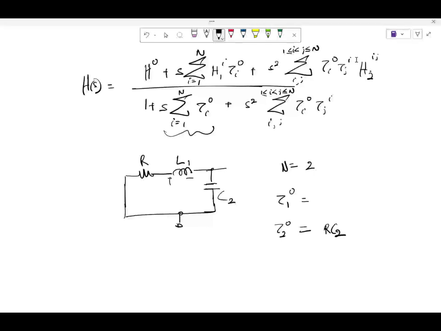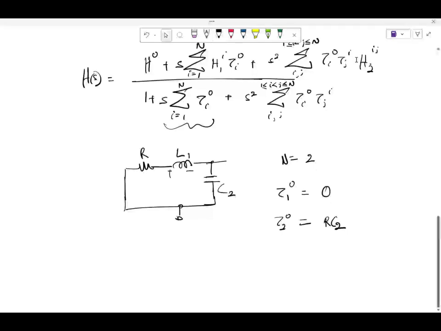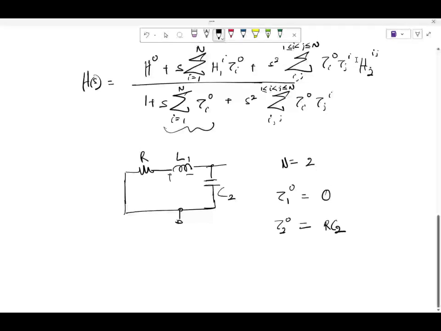Infinite. So tau 1,0 will be 0. Okay. So I get the first term. So your B1 becomes RC2, right? So I want now this one, let's say. So this will be how many terms?